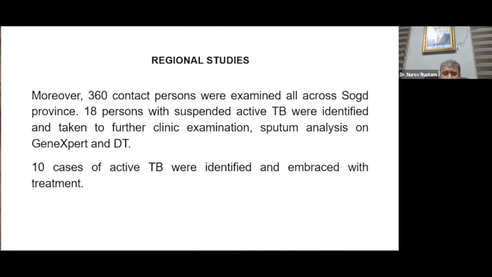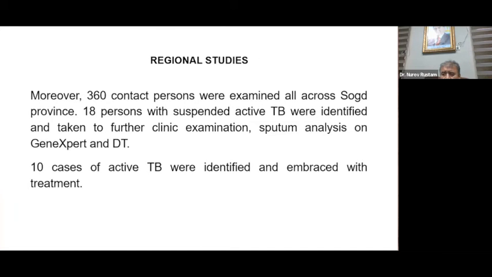Also, you can see that we received a request from the psychiatric hospital, and we managed to screen over 600 personnel, and at the moment we are still screening the data, but by now we have not revealed any case of active TB among these patients.